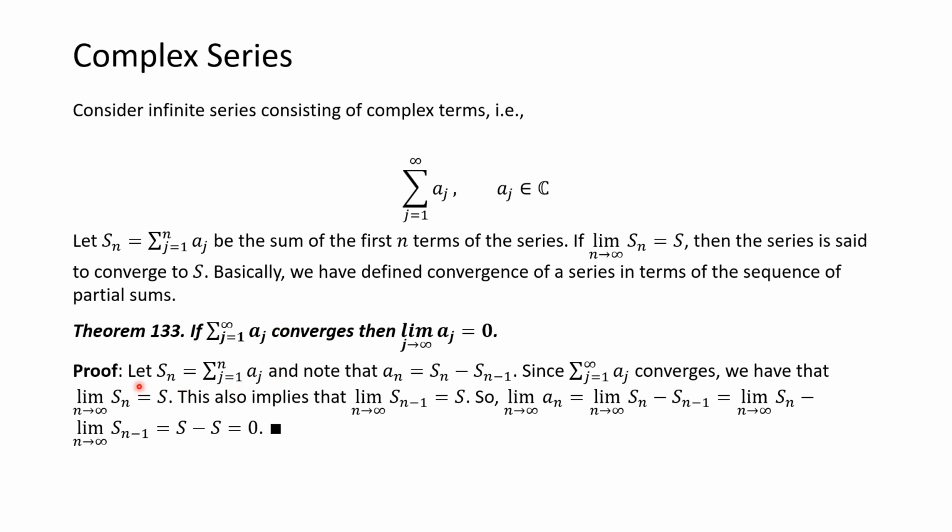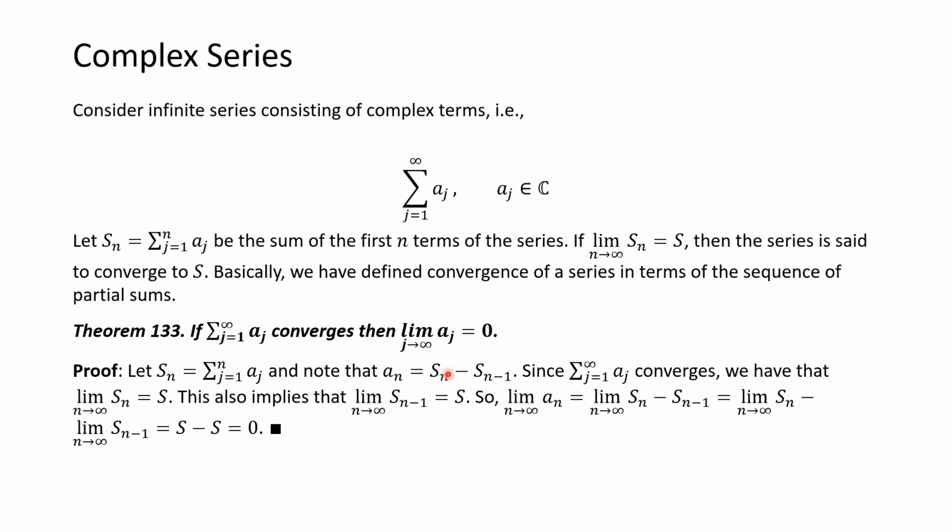So the proof is you let S sub n equal the partial sum, as we defined up here, and then note that a sub n is just the difference between the sum of the first n terms minus the sum of the first n minus 1 terms. And since we're told that our series converges, we have that the limit as n goes to infinity of S sub n equals S, but that's the same as taking the limit as n goes to infinity of S sub n minus 1.